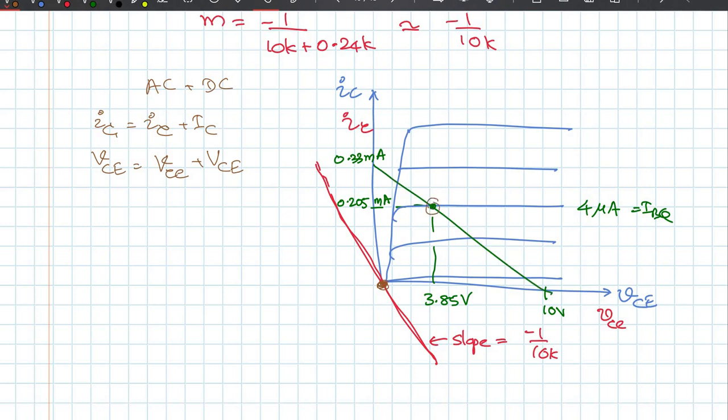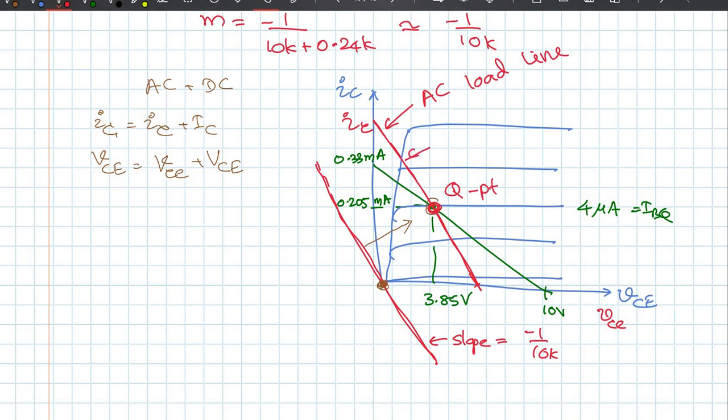So it is here. Therefore, we need to move this red line here. So what ends up happening, my total AC load line becomes something like this. This we call the AC load line, and it has to pass through the Q point. Okay, so this is the relationship between VCE and IC, the combination.